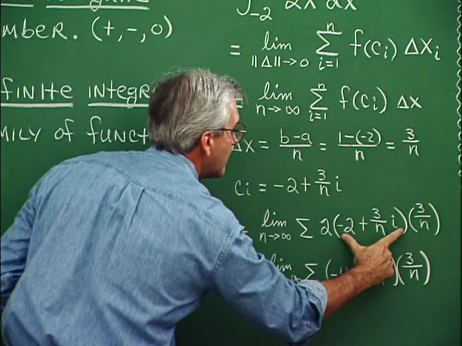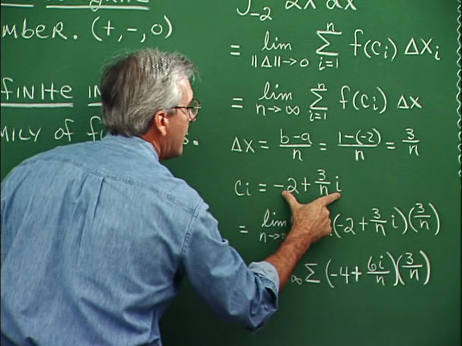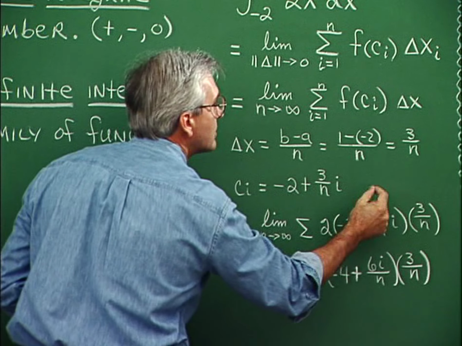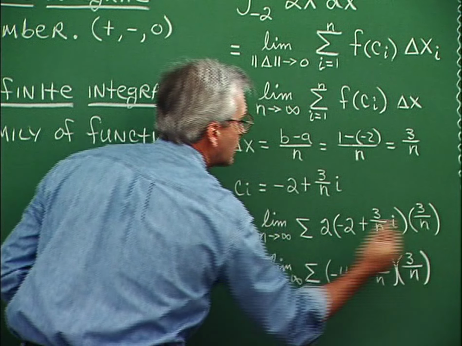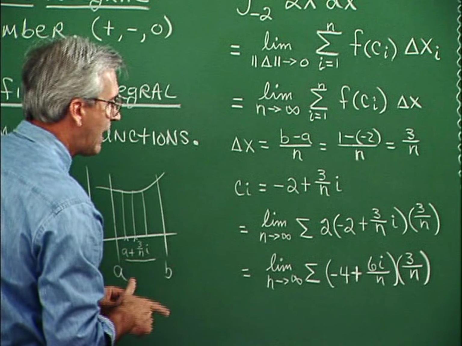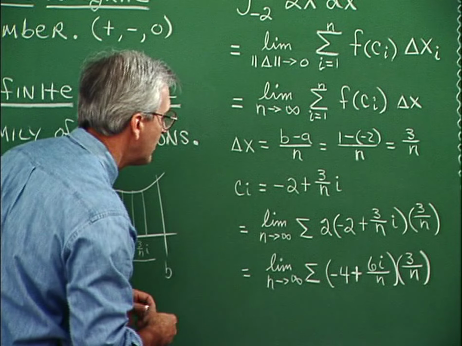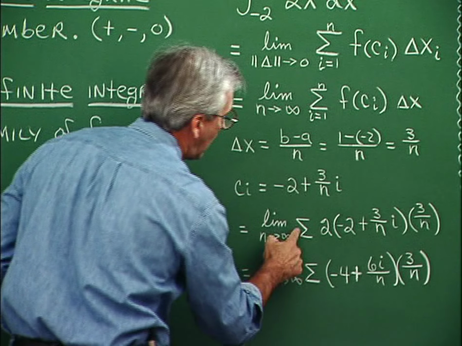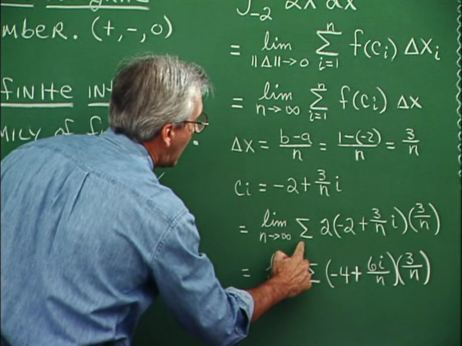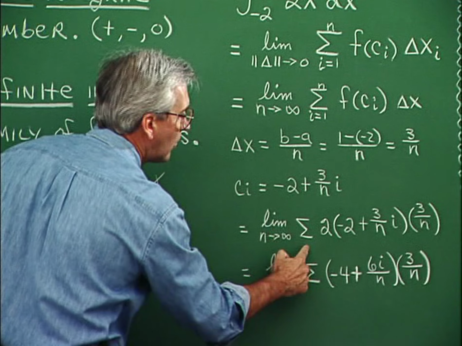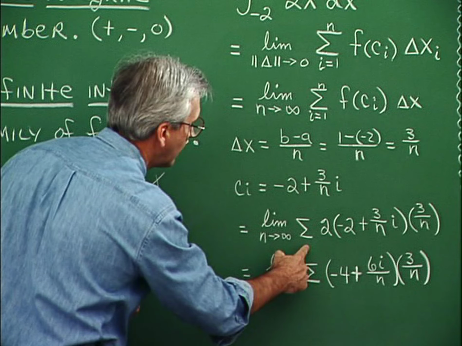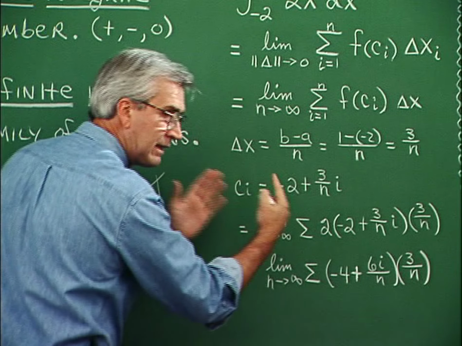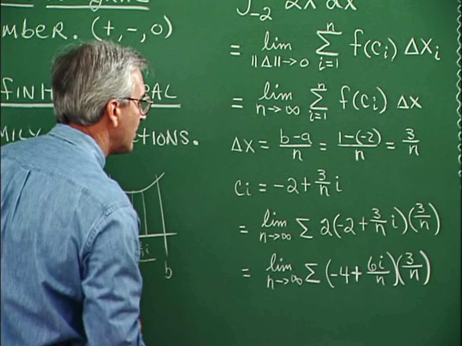So it's 2 times the c sub i, then times our delta x, which we said was 3 over n. And now it's a matter of cleaning up and doing a lot of manipulation. Notice, and I hope you'll forgive me for not putting the i equals 1 to n on the summation indicator here, but we understand that that just follows down through our problem.